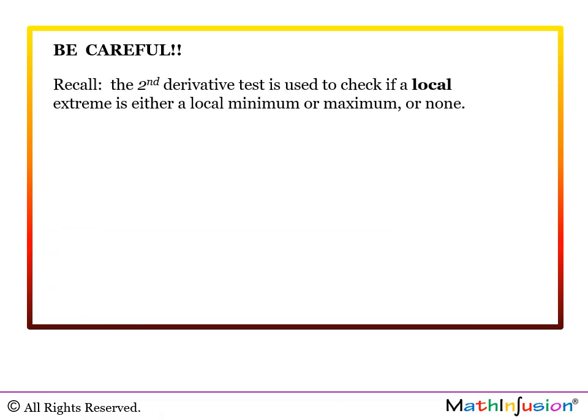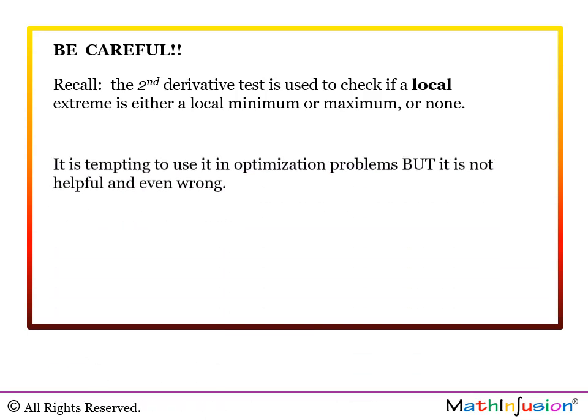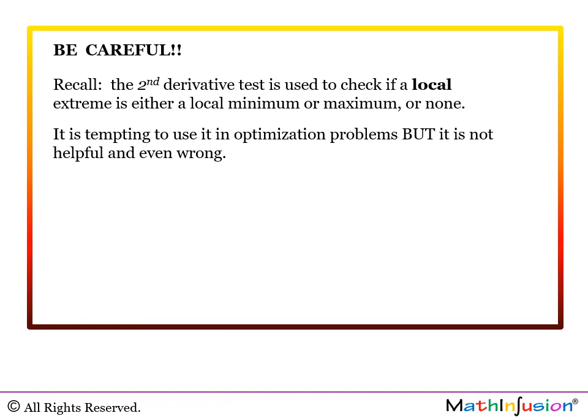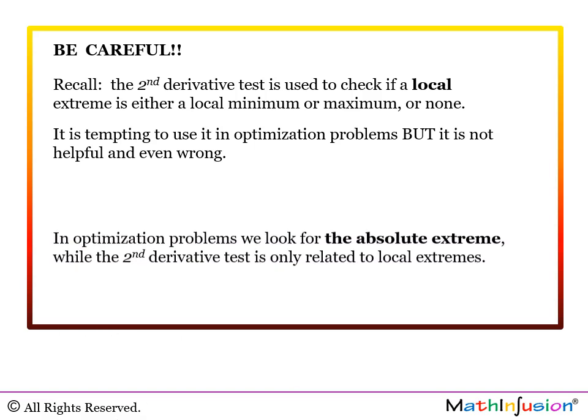Be careful. The second derivative test is used to check if a local extreme is a local minimum or maximum or none. It is tempting to use in optimization, but please never use it in optimization because it's wrong.